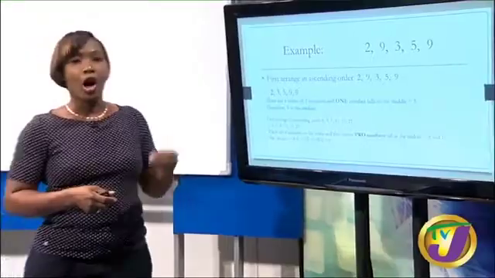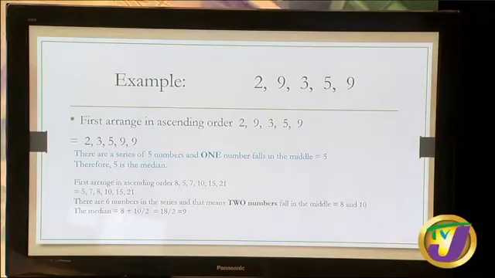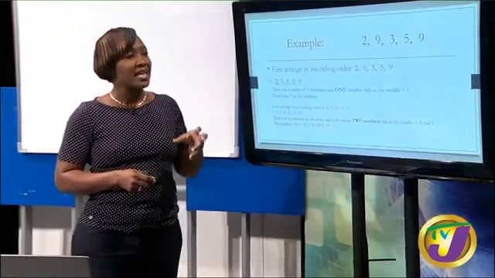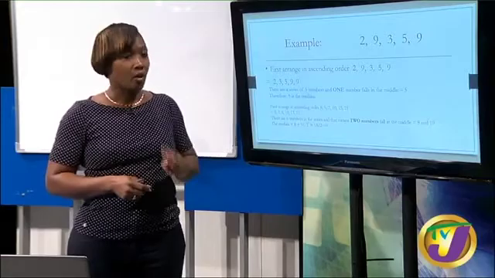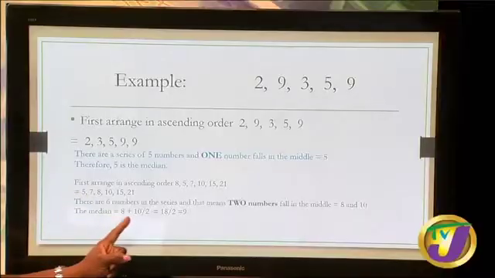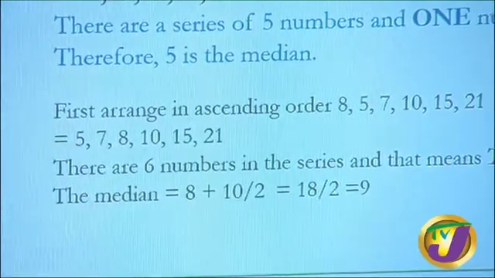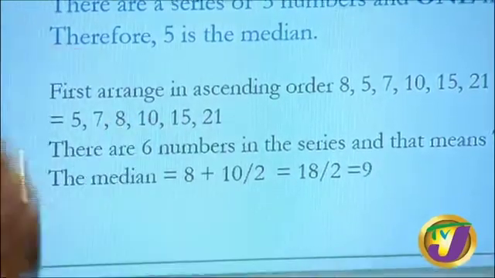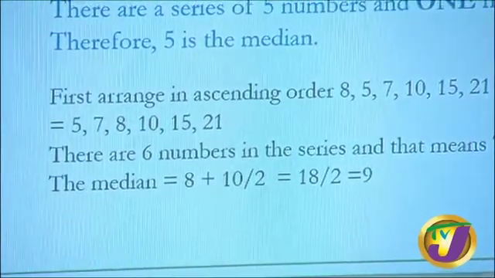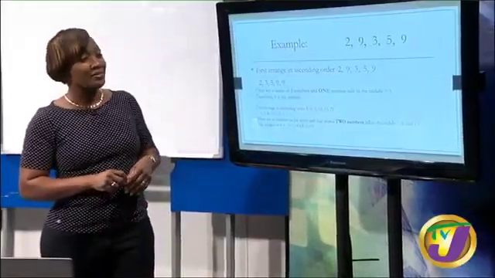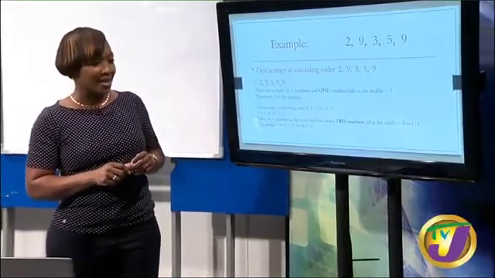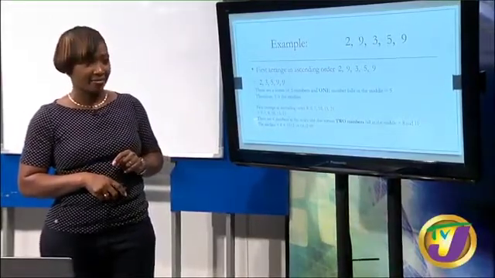When you have an odd number of data, you will have one value appearing in the middle of that set of data. However, when you have an even number of data, you will have 2 pieces of data that appear in the middle. When that happens, we find the mean of those 2 pieces of data. So here we have 8 and 10 in the middle. We add 8 to 10, and that will give us 18. We divide by 2, and the median in this set of data is 9.